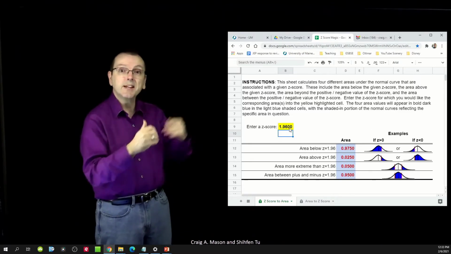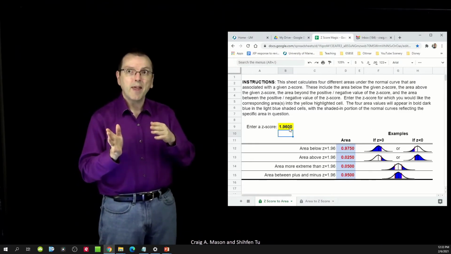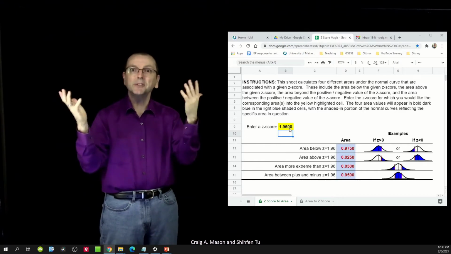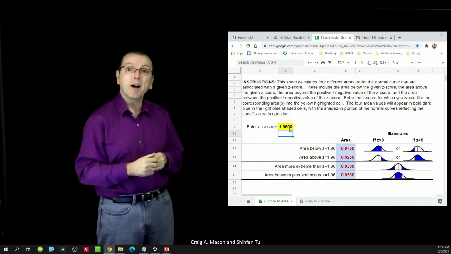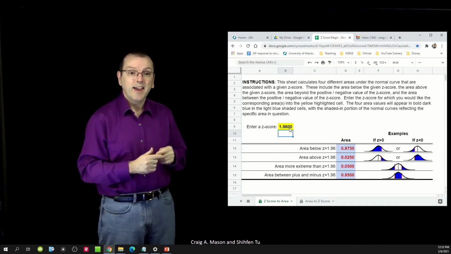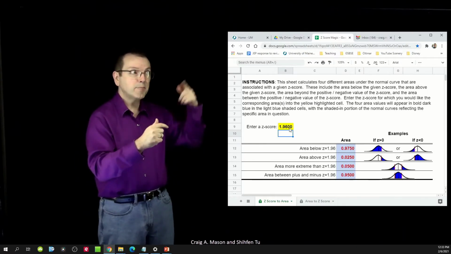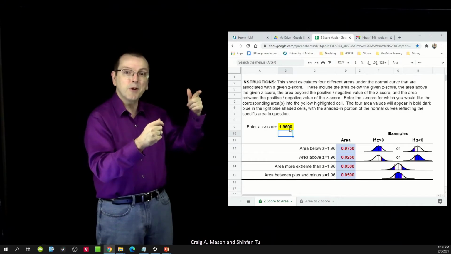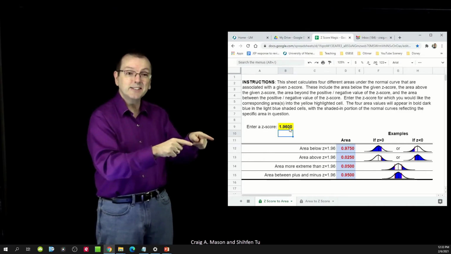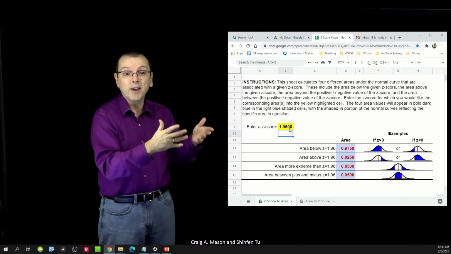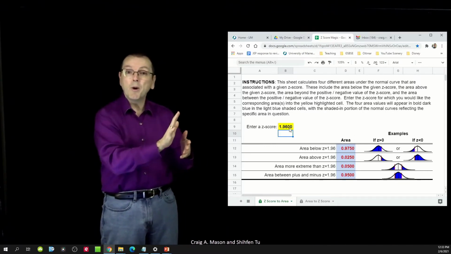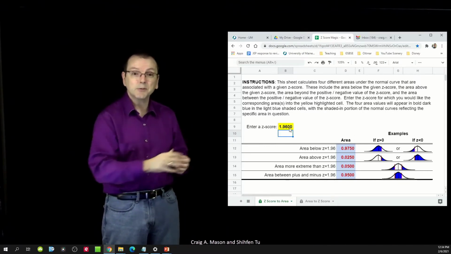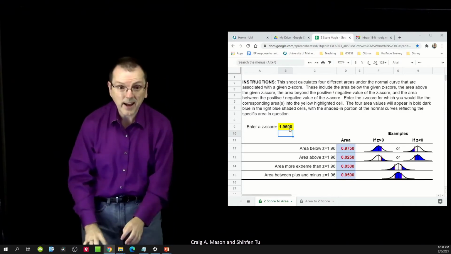The area above a Z of 1.96, well, that's half of that 5% that's left over, so 2.5% is above the positive 1.96. And if 2.5% are above the 1.96, 97.5%, or the area of 0.975, is below the 1.96. So again, everything's working perfectly, but you can plug in any value.